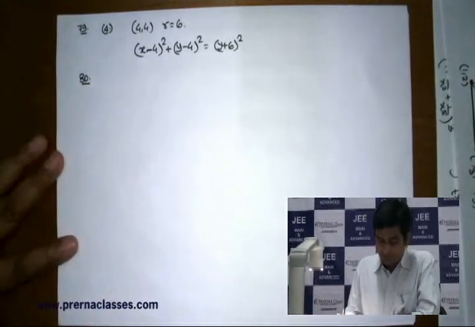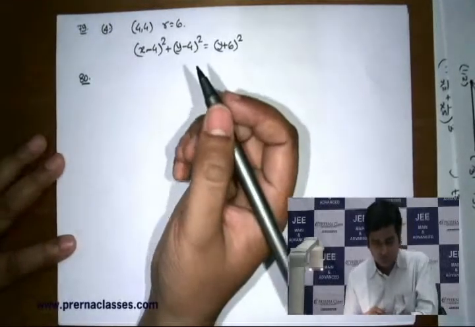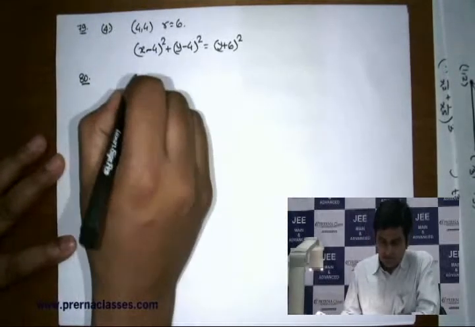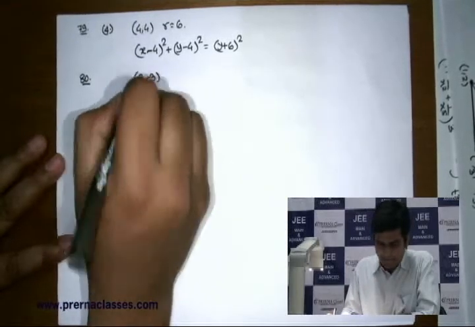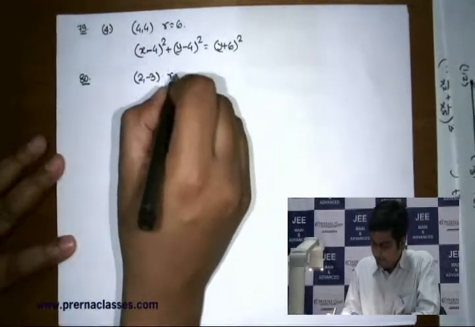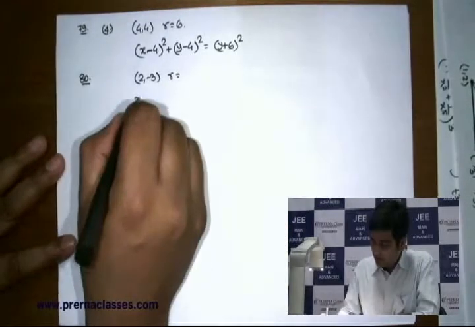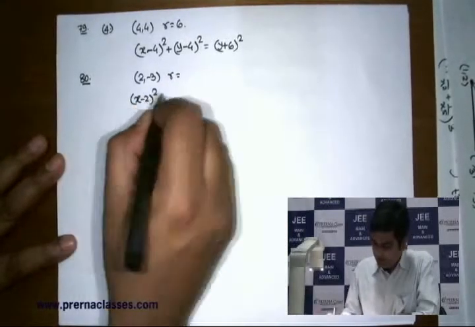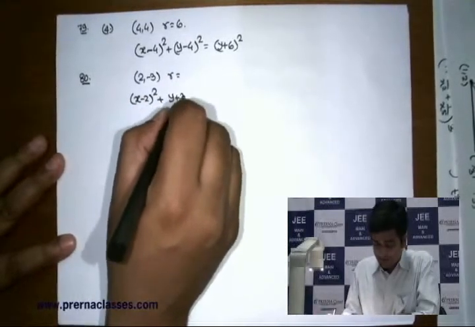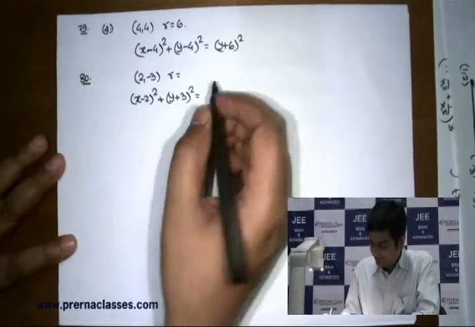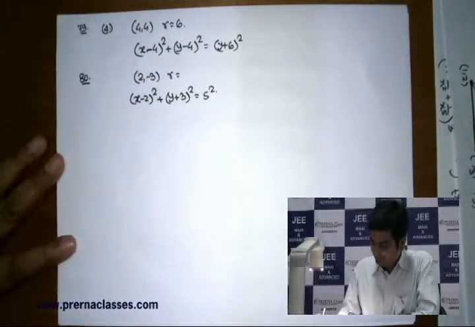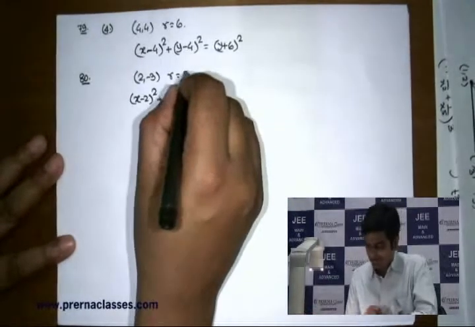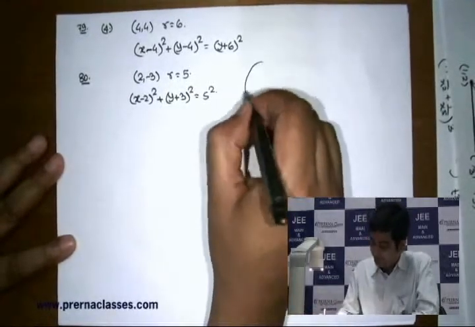In the next problem, one circle is given to you with center at (2, minus 3) and radius is something which you can figure out as 5.